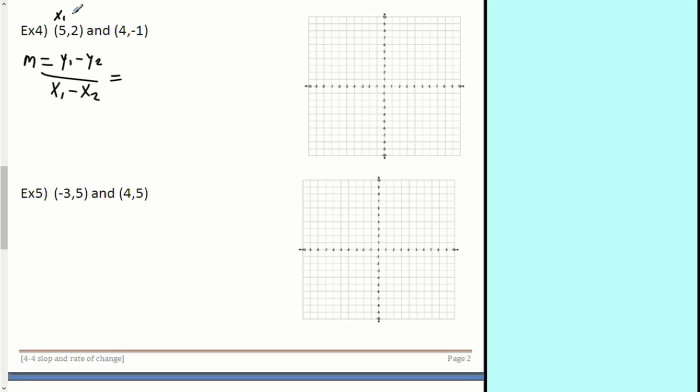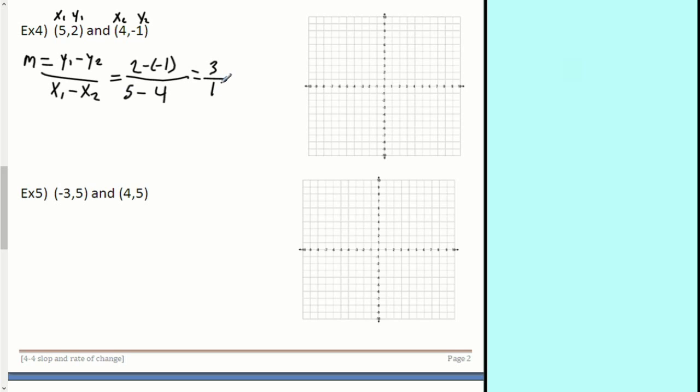This is x1, y1. This is x2, y2. And it doesn't matter which one you call x1, y1. You'll get the same answer either way. Okay, plug in the points. We get 2 minus a negative 1 over 5 minus 4. 2 minus a negative 1 is 3. And 5 minus 4 is 1.